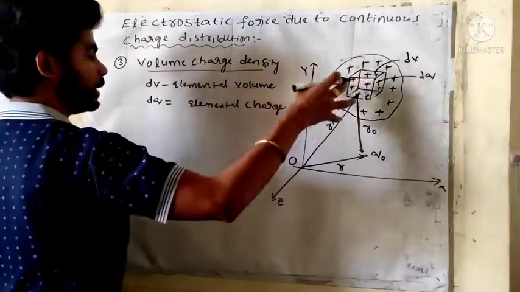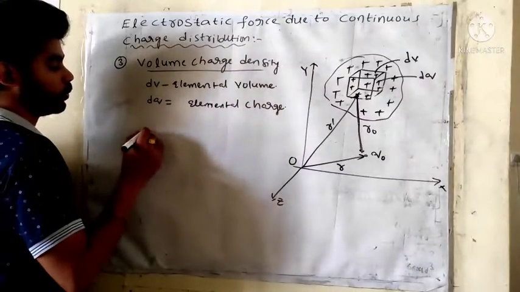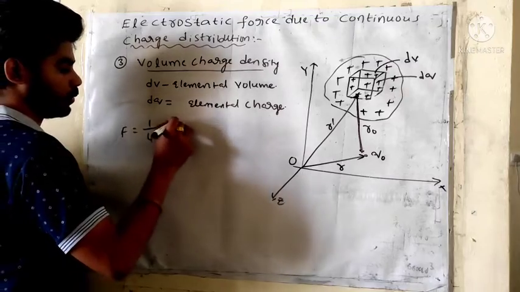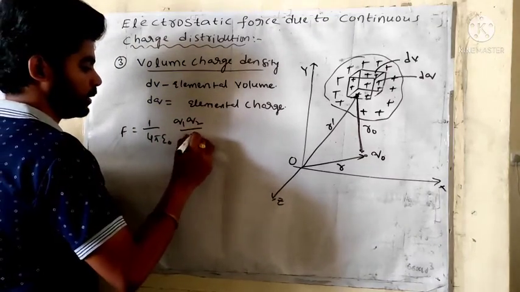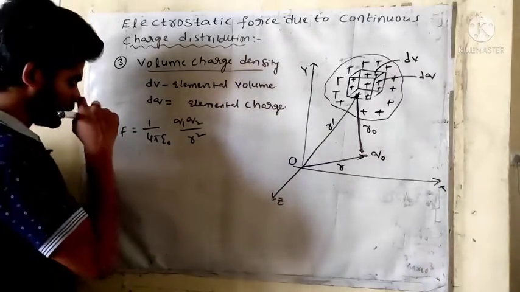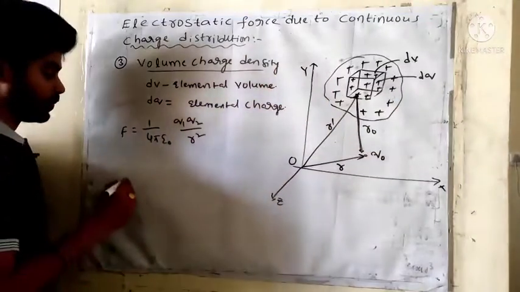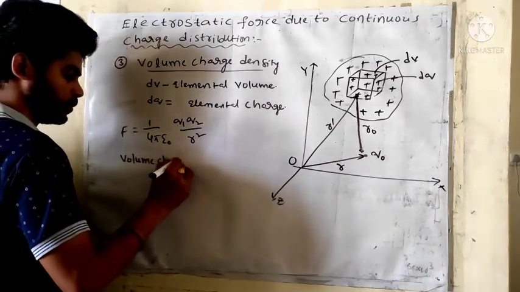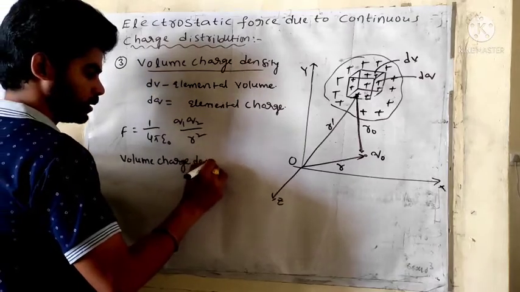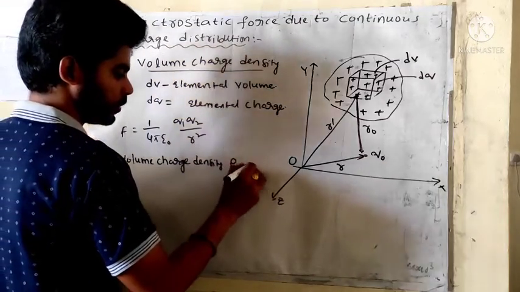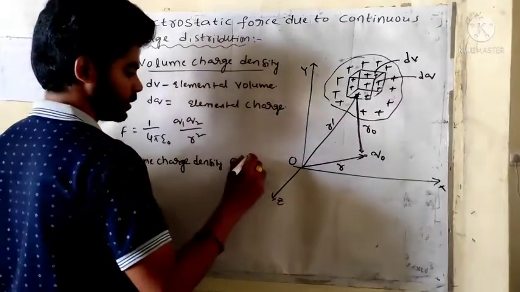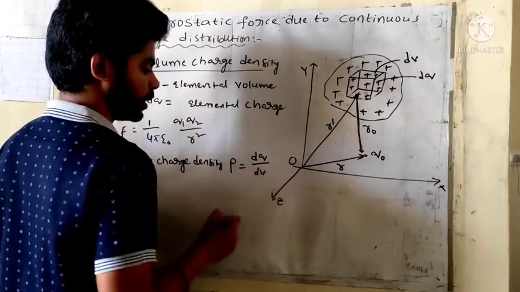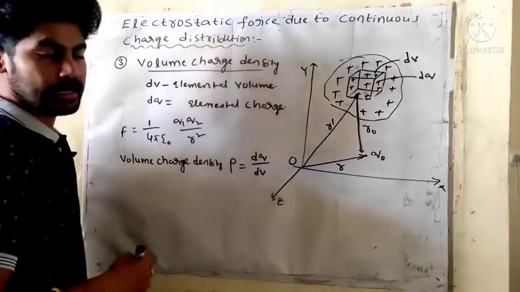Now we can calculate for the entire spherical body charge. We can apply Coulomb's law: force F is equal to 1 by 4 pi epsilon naught q1 q2 by r square. Here we apply it to the total body. Volume charge density is denoted by rho: charge per unit volume, rho is equal to dq by dv.